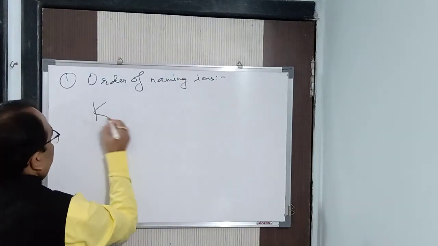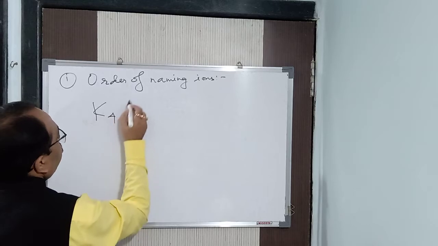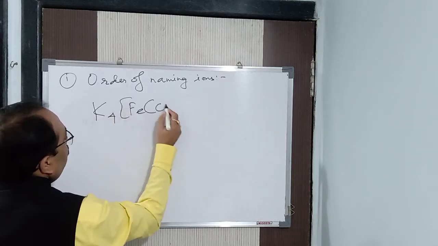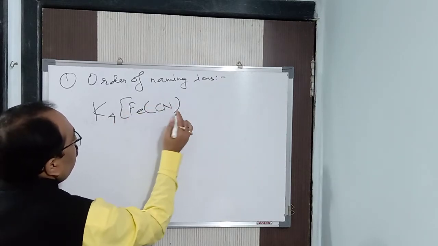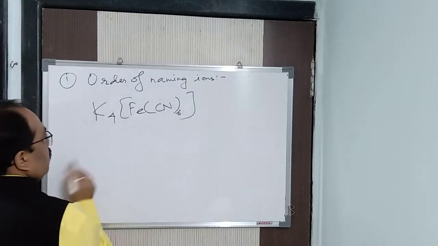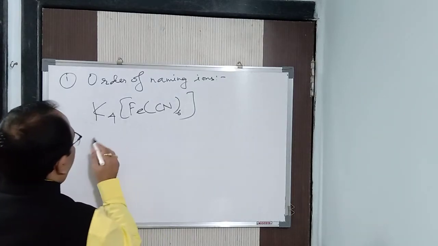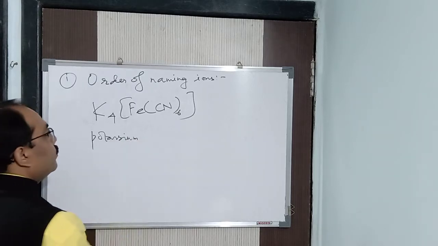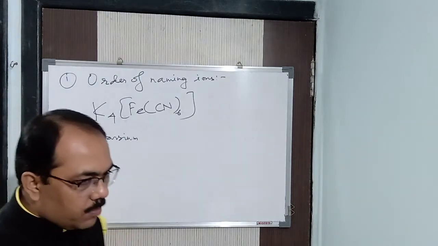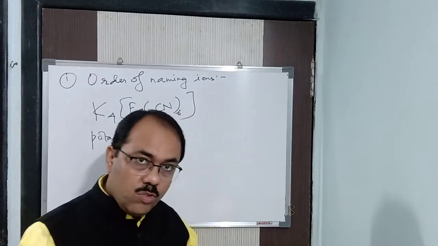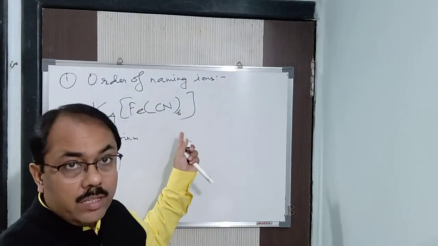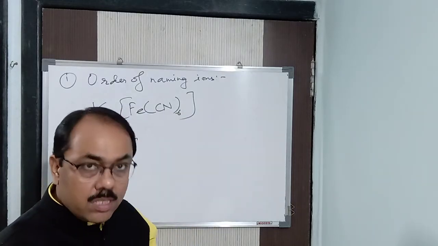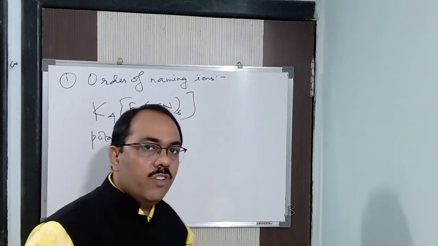For example, you see here K4[Fe(CN)6]. So we will write potassium first. I am not writing the full IUPAC name, I am just telling you, because a lot of rules are there. Still some more points are there. So we will start with what?